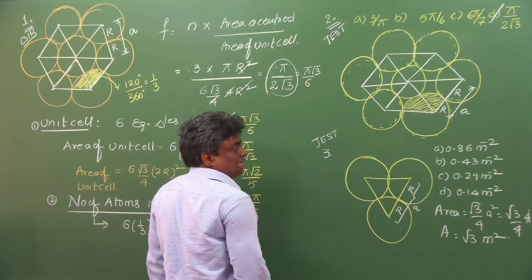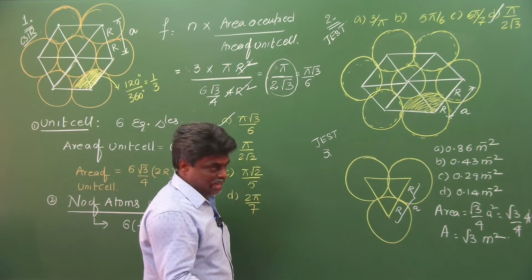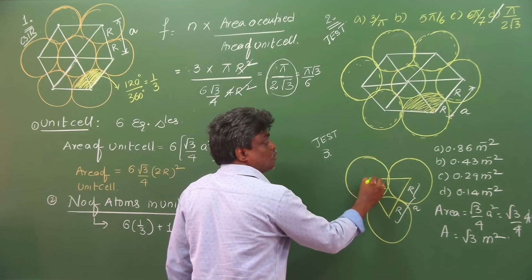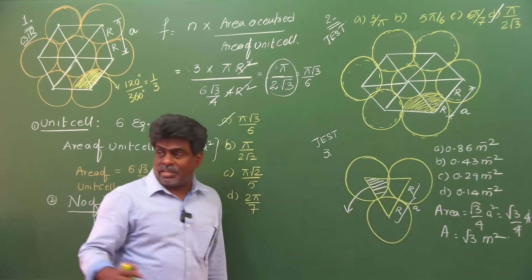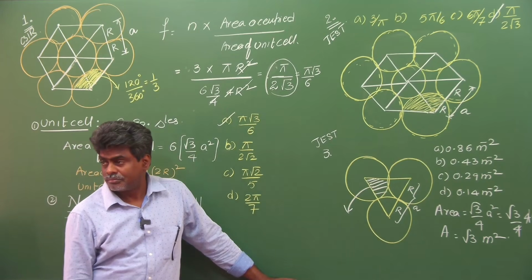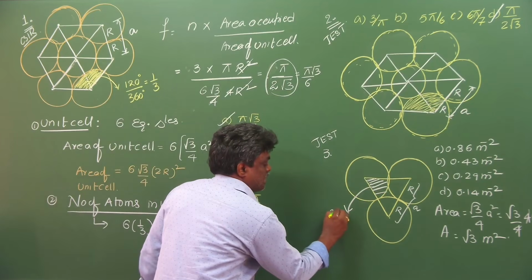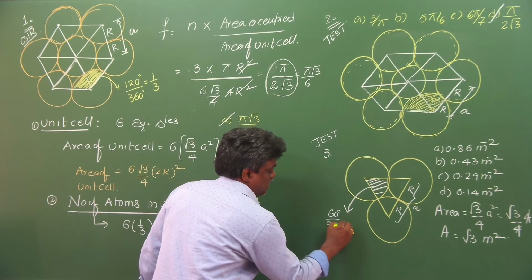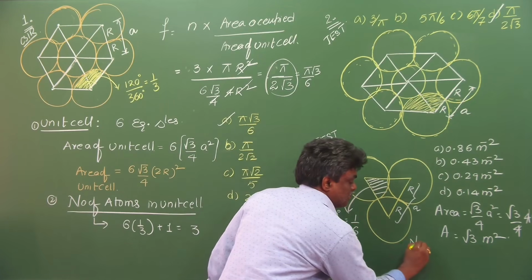Once you got the area, he is asking simply the number of atoms per unit area. I told you how to get the number of atoms: sharing. So what is the sharing? Good, 60 degrees by 360, very nice, so 1 by 6.